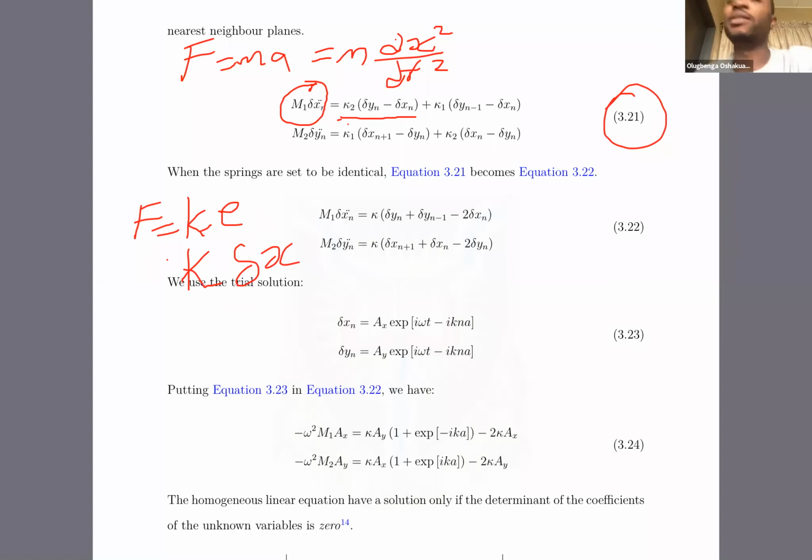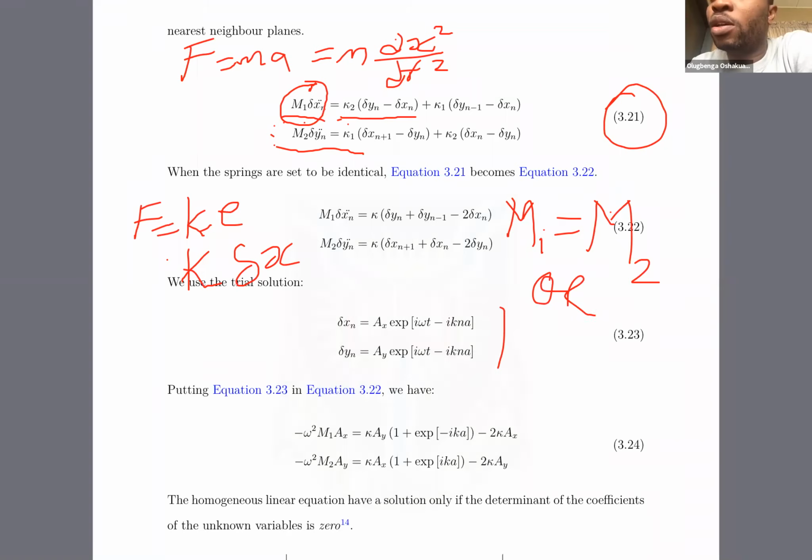Equation 21 is the equation that gives us the two equations we can have: the first Newton's law on M1, and the same thing, the force on M2. From this equation, we can decide if we want to make M1 equal to M2, or kappa 1 equal to kappa 2.